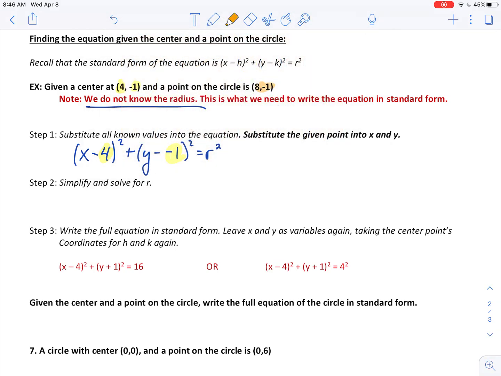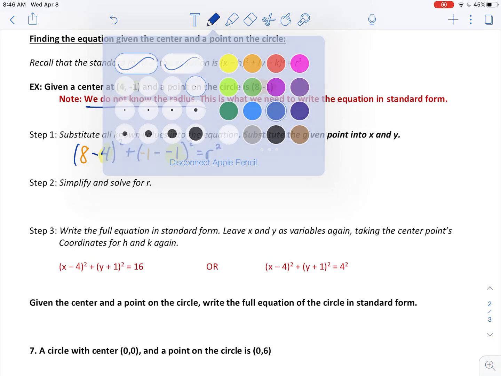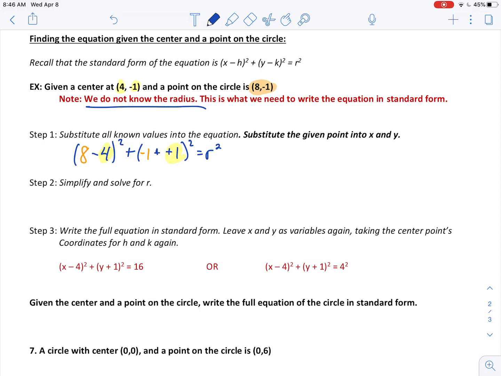Again, these h and k are taken from the center, squared equals r squared. Still don't know radius. And now what I'm going to do is I'm going to take the point on the circle and substitute that in for x and y.